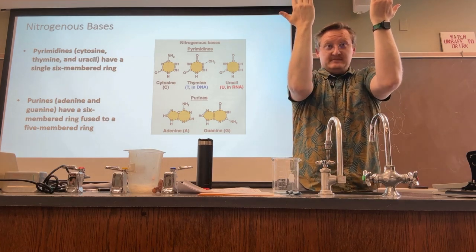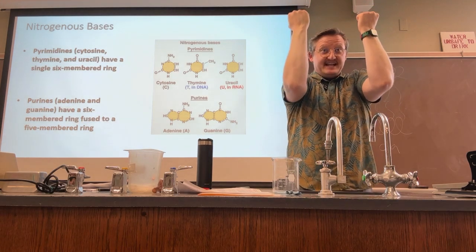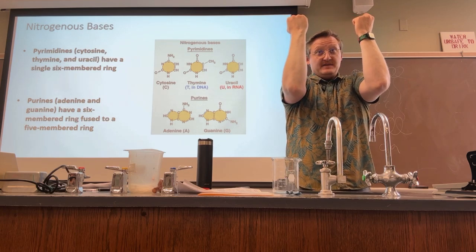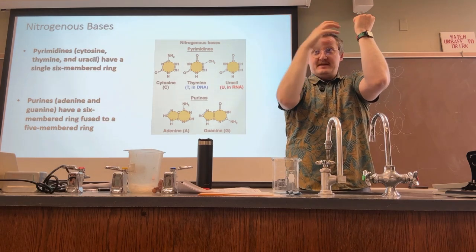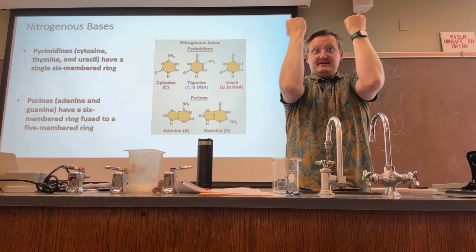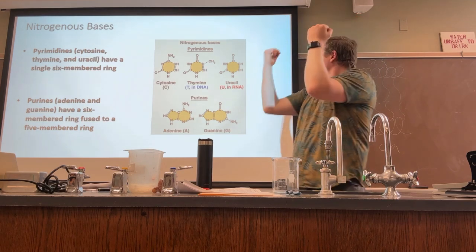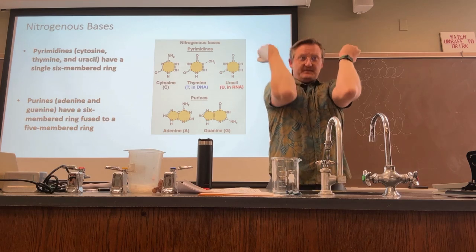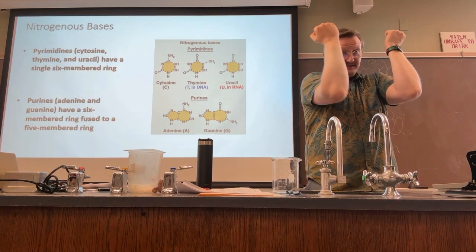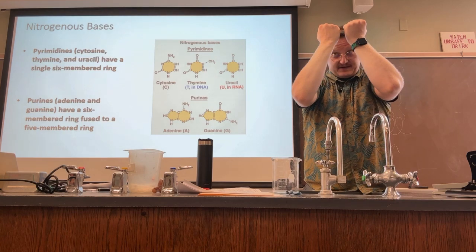If my arms are the 2 strands and they're set at a certain distance from one another, well, if I have a purine and then a pyrimidine, that's 3 total rings. Same thing. But if I had 2 purines, they'd get pushed apart. And if I had 2 pyrimidines, the strands would sort of come together.